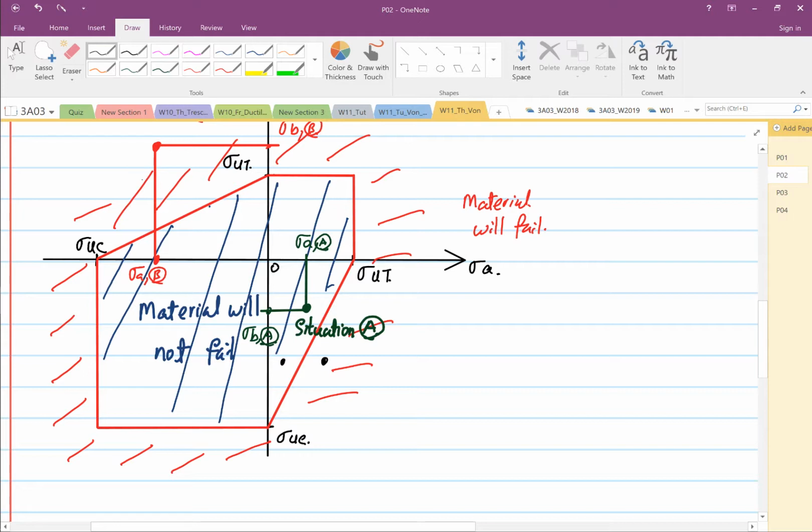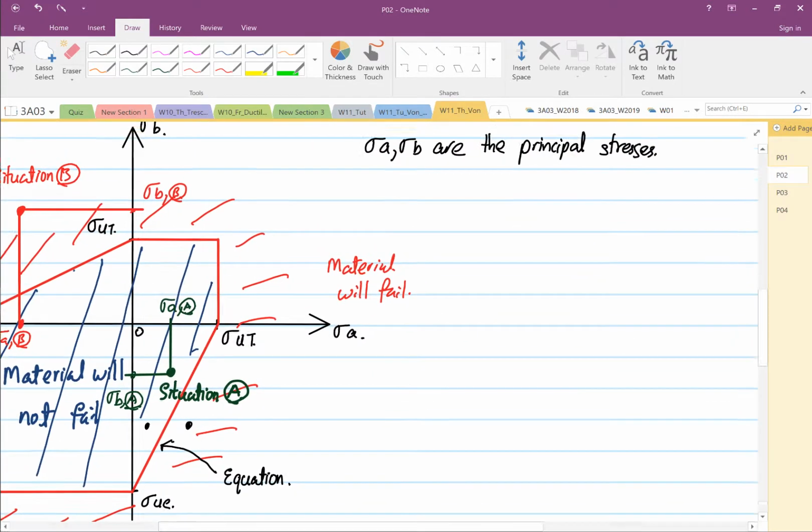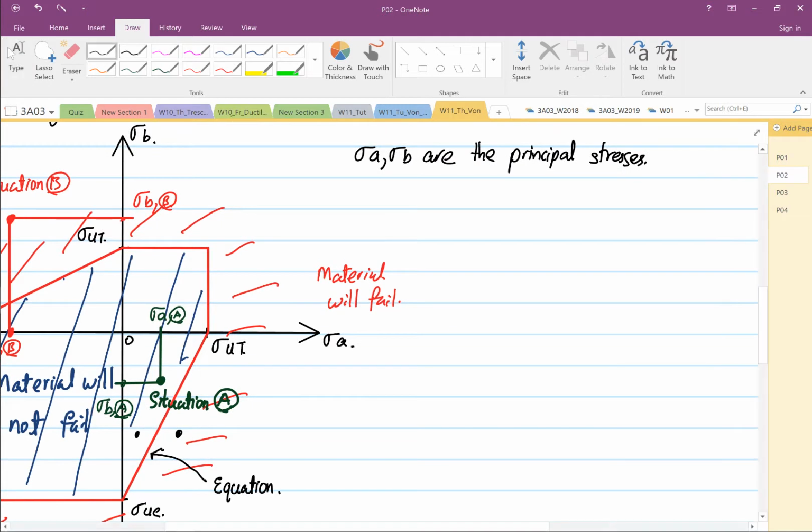Okay, so we're going to form the equation of this line over here. We know that the y-axis is the response, so we can find that stress B will be equal to the ultimate stress UC in compression.